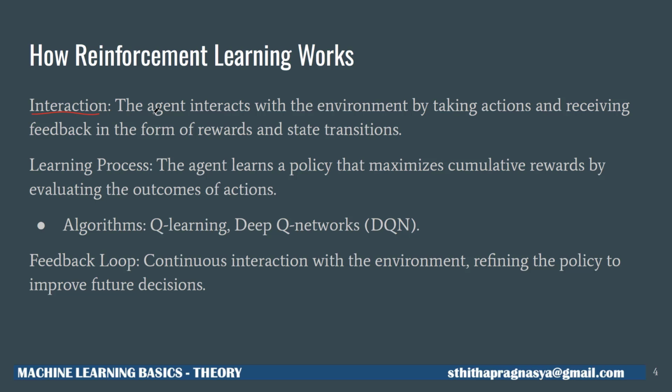The agent uses algorithms like Q-learning and deep Q networks to update its value function or policy based on the rewards it receives. The agent continuously interacts with the environment, receiving feedback, as I said, rewards or penalties, and refining its policy to improve future decisions. Over time, the agent learns to take actions that lead to higher cumulative rewards, effectively mastering the task.